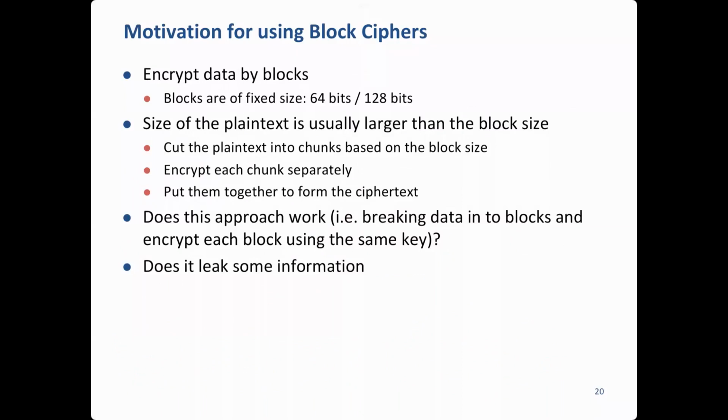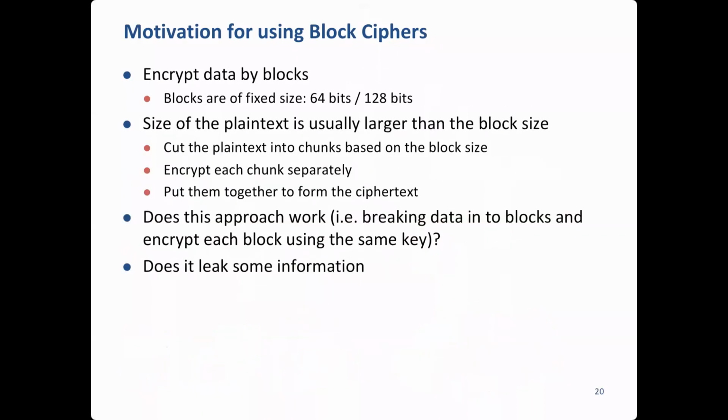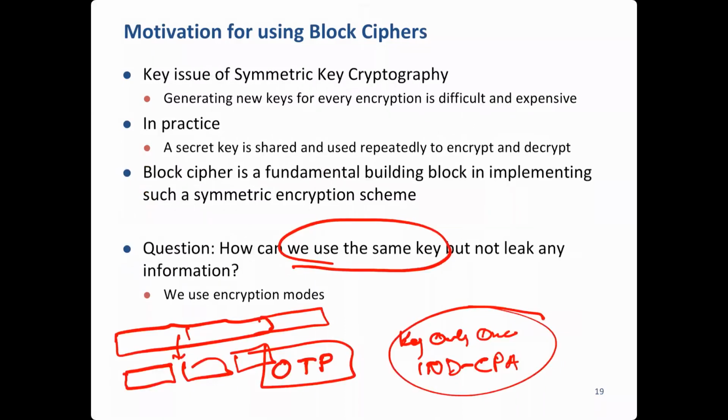All right, so we'll solve this problem later. When we split a large message into blocks, and we use the same key to encrypt and decrypt multiple blocks, we don't want information to be leaked. That's where something called modes of operation comes in, which we'll use. We'll come to that part later.